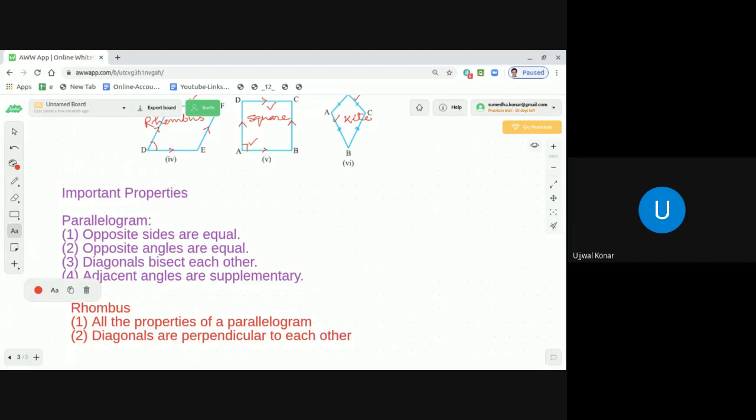Correct, dear students? Got it? Absolutely clear?